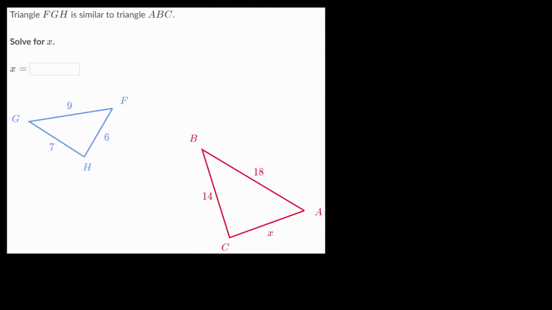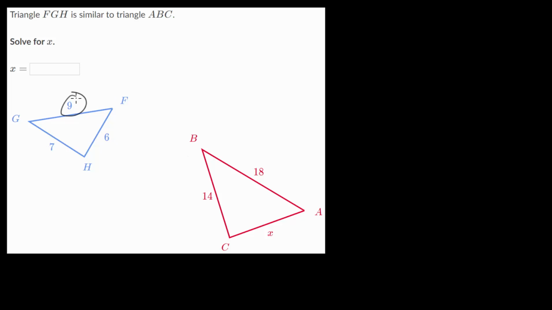And let's do just one more of these, where again, we're told that we have two similar triangles. We have FGH and ABC, and we need to figure out what this missing side is here. Now, when they're whole numbers, sometimes you can figure it out fairly quickly.